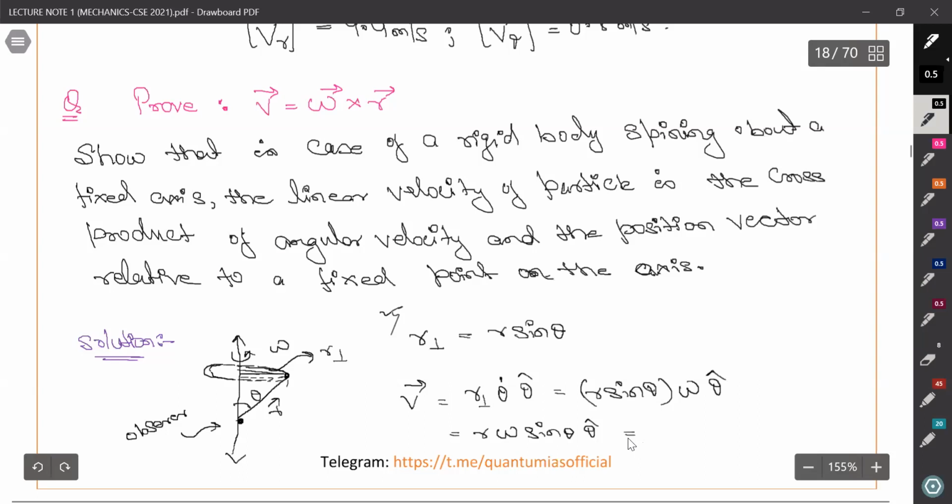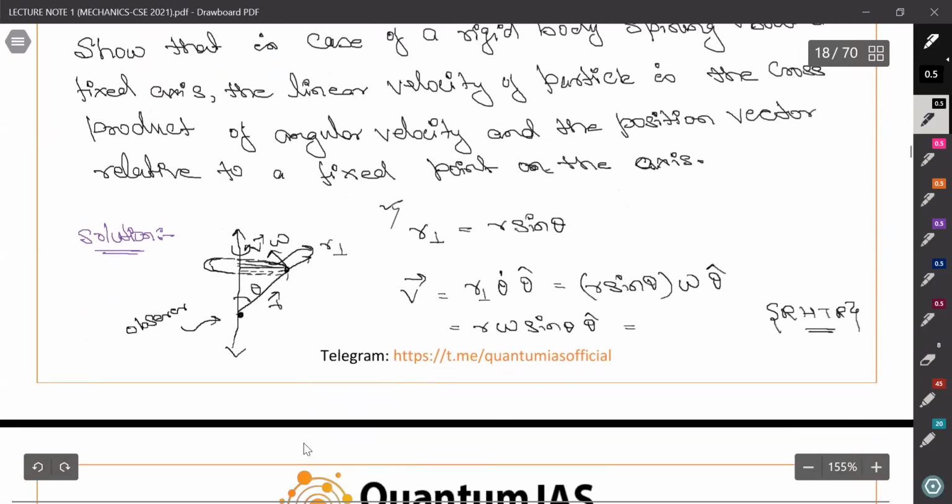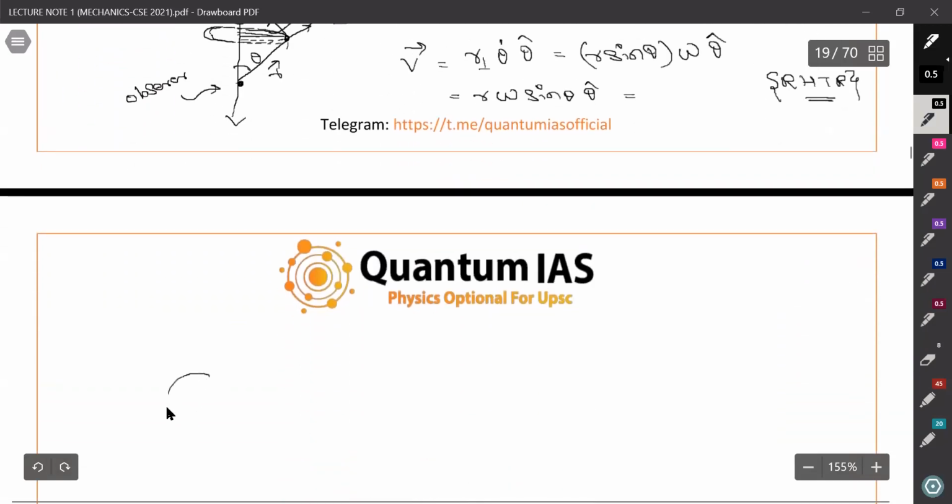Now here we need to see one thing, using the right hand thumb rule of cross product. This is the r vector, and this is the omega vector, and tangentially is the v vector. If it is moving in a circular motion, this outward direction is the omega vector, and this is v, and this is r.